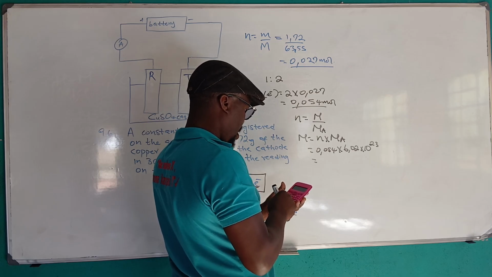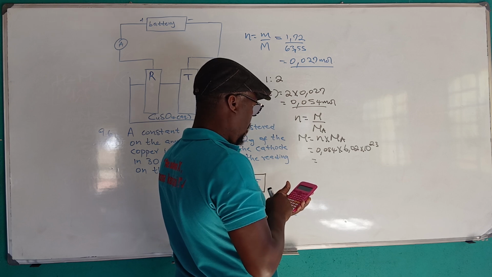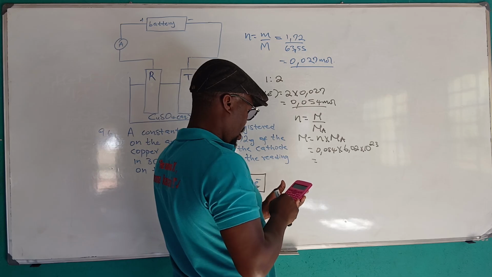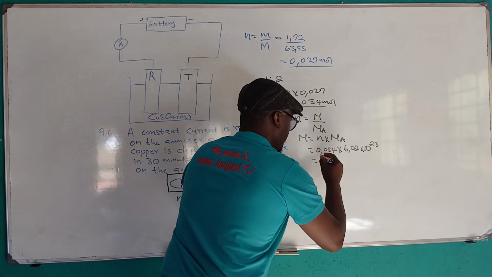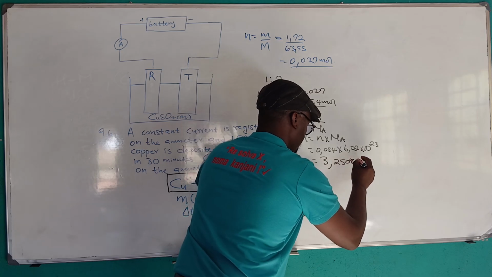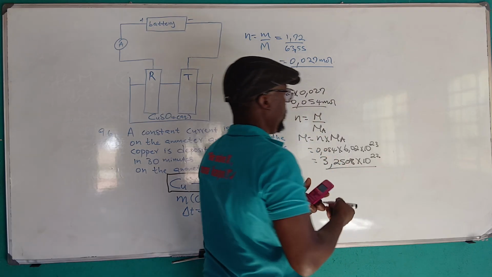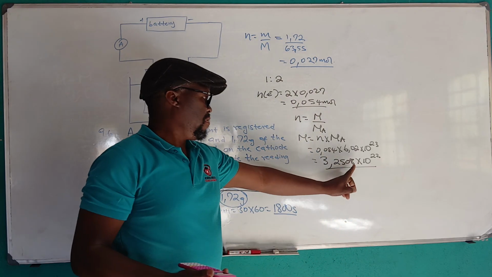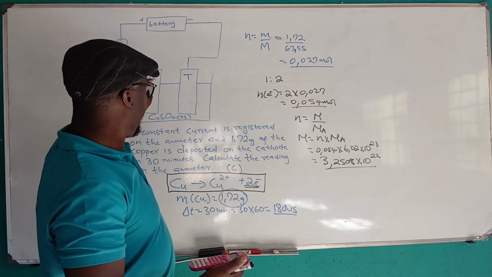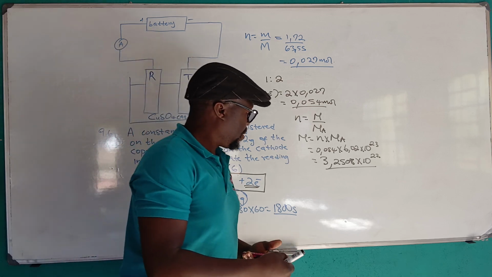Here we get 3,2508 by 10 to exponent 22. That's the number of electrons which are released from the anode and they move to the cathode.